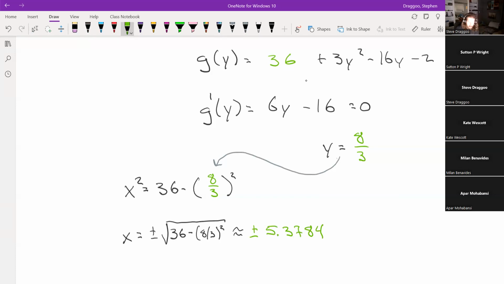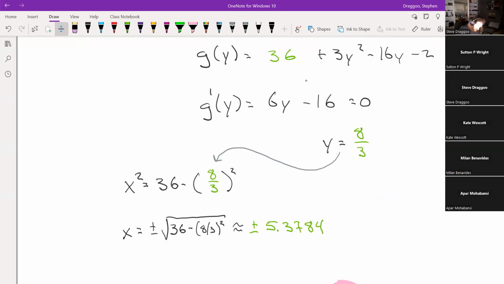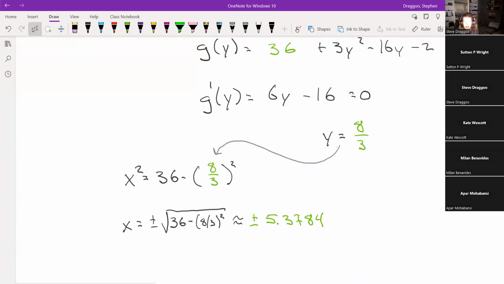Went to a calculator ahead of time. Don't want to give away this thing just yet, because what I will do is bring in a sketch of what this thing looks like.